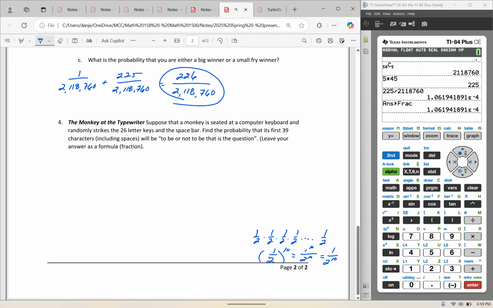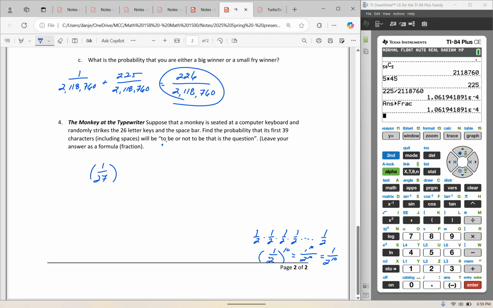Okay? So what's the probability that the first key that the monkey hits is the T? That'd be 1 out of 26, because there are 26 letter keys and the space bar. That would actually be 1 over 27. 27 letters and the space bar. That's for the first T. Then the O, I'd multiply by 1 over 27 again. Space times 1 over 27.